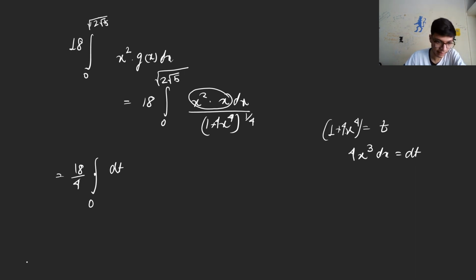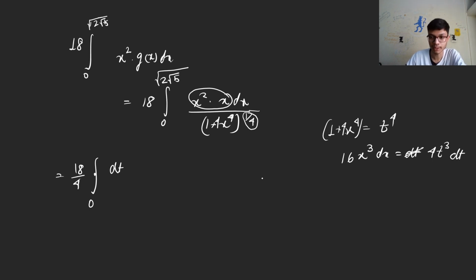Then you will get 16 times x cube... or let us assume 1 plus 4x to the power 4 equal to t to the power 4. So this is going to be 4t cube dt. It is better, because the 1 by 4 term is also there.